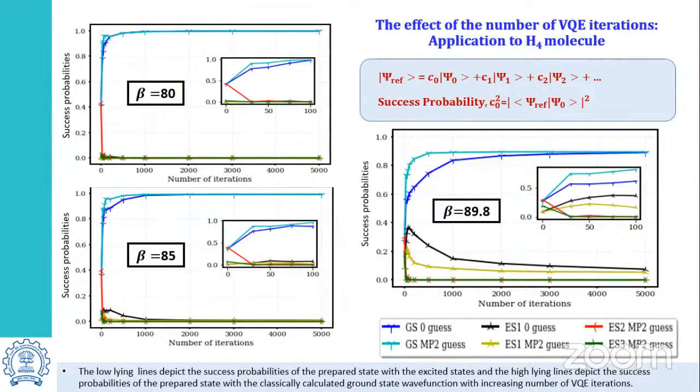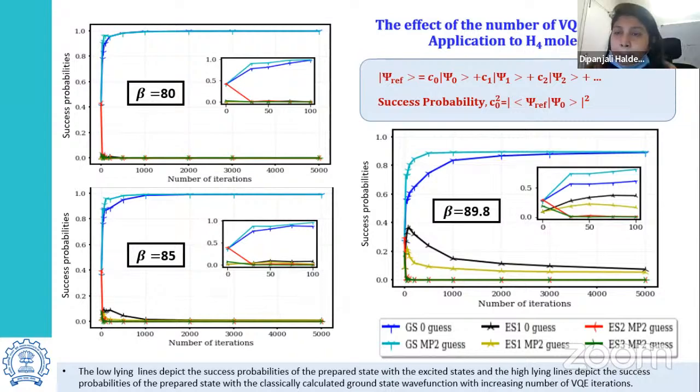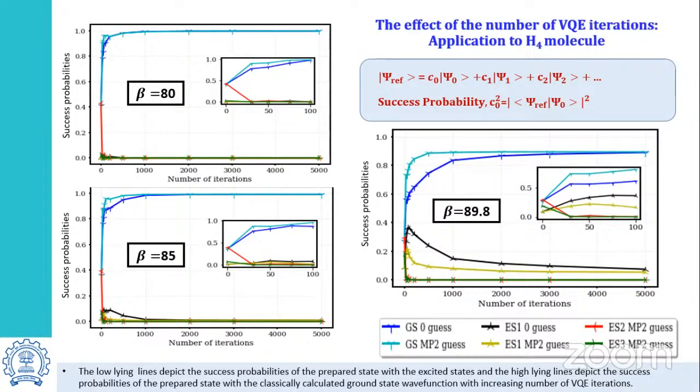But in real devices, you cannot perform the infinite number of measurements. Instead of that, you can only do a finite number of measurements. In such cases, optimizing the wave function completely is very difficult because of the statistical error.